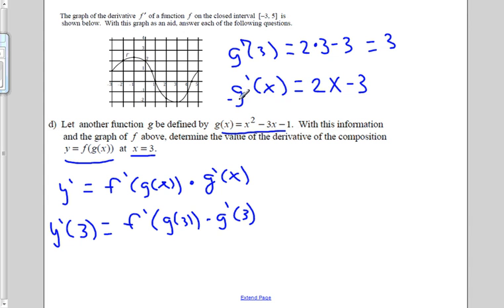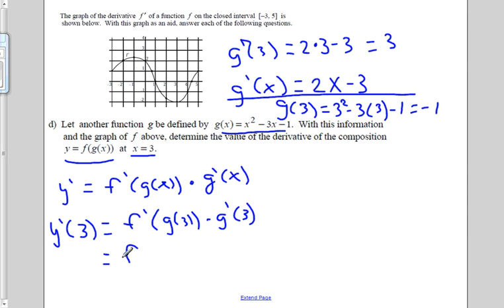And g of 3 equals, now going into the g function, 3 squared minus 3 times 3 minus 1 equals -1. So we can now simplify this chain rule to f prime of -1 times 3.